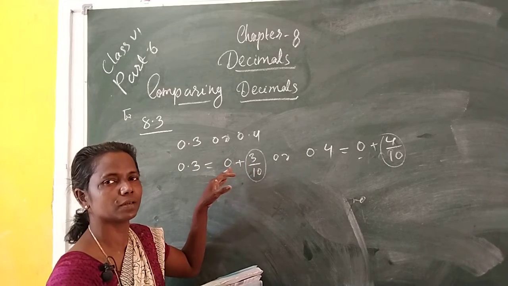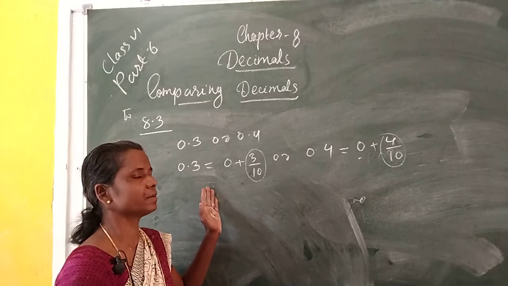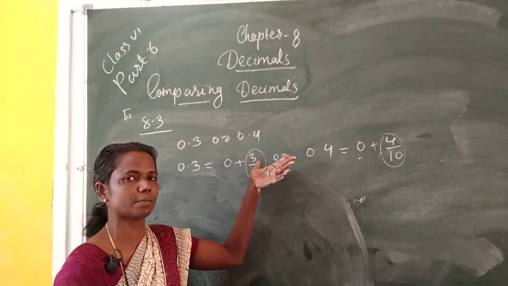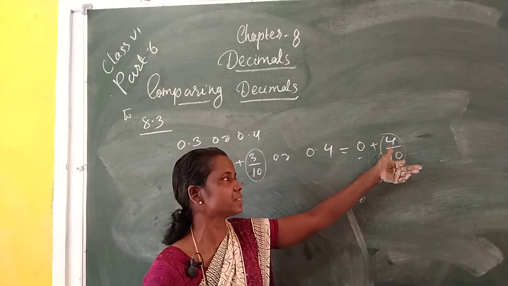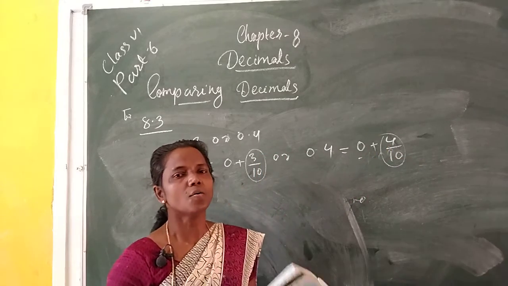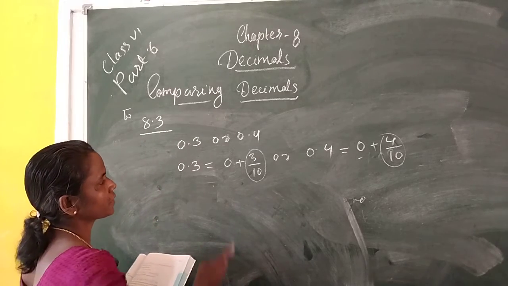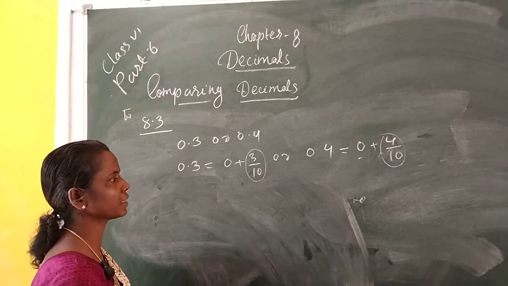First number 10th place 3 and second number 10th place 4. Then compare this 3 and 4, which is big? 4 is big. So which number is greater? 0.4 is greater. Is it clear?